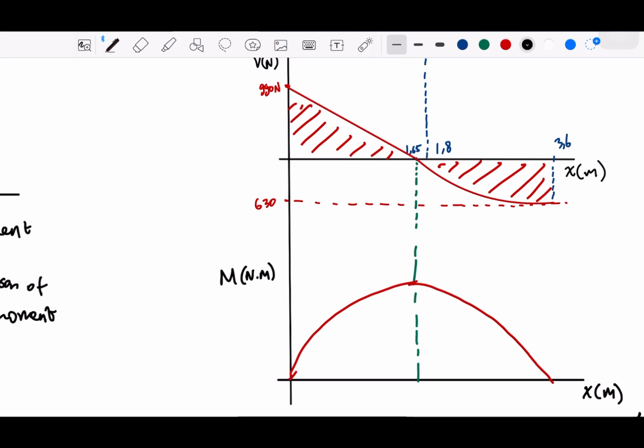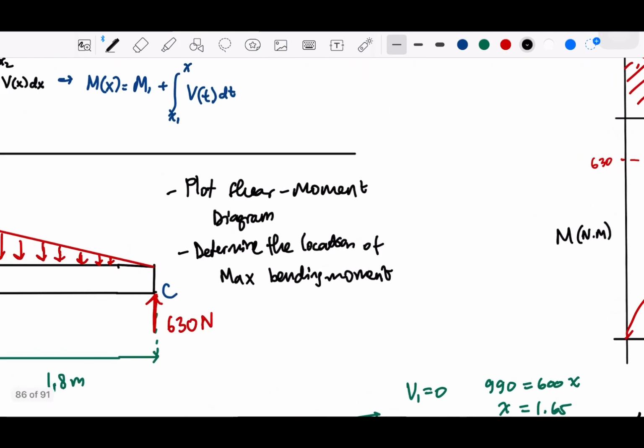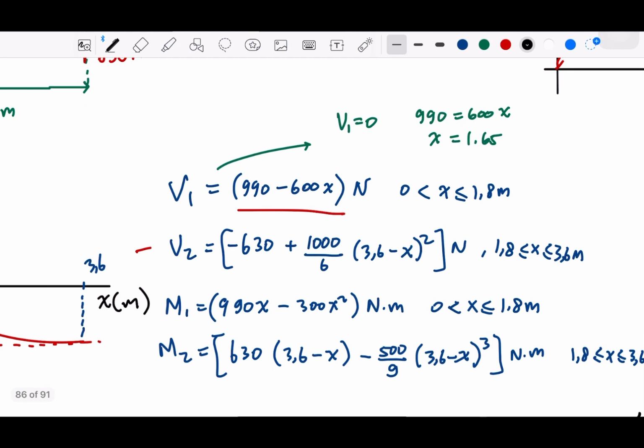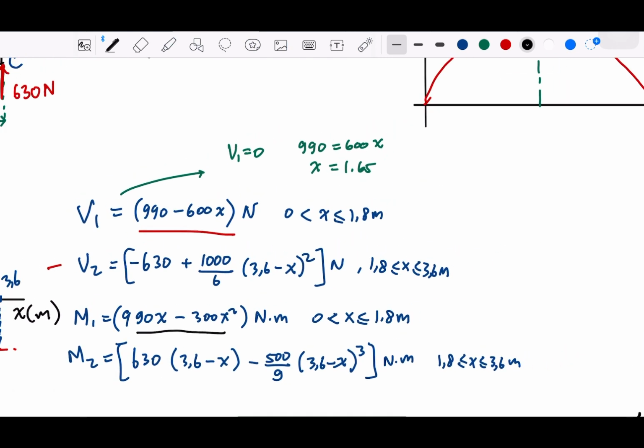So this is the M max. What is the M max? We can take that into our equation that we have and plug into this point. So when X is 1.65, this is M max, right?